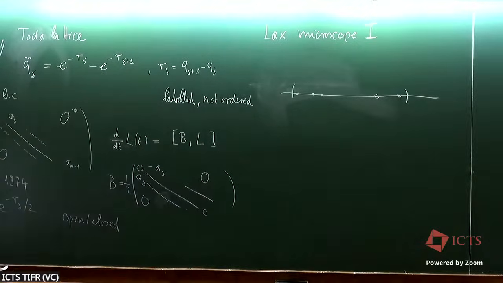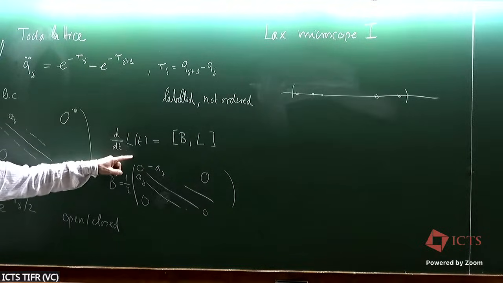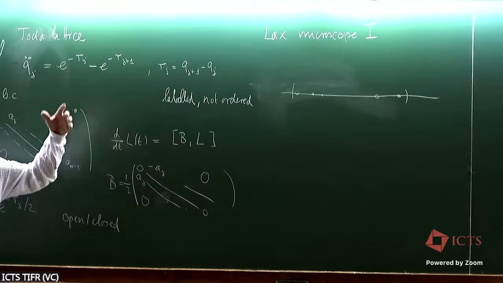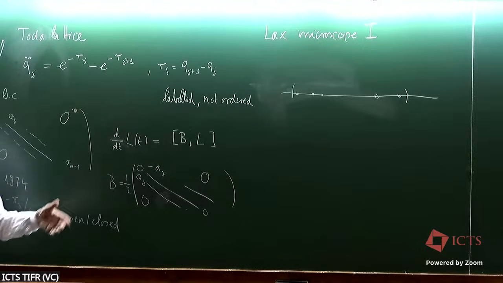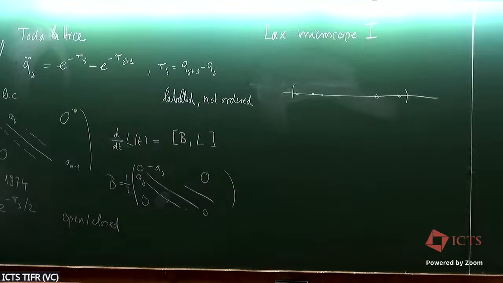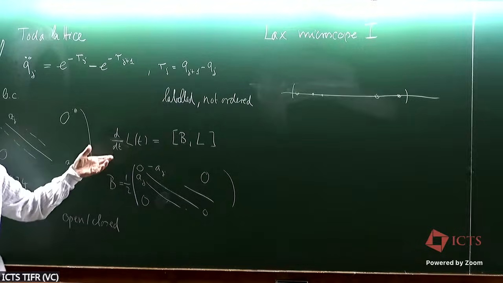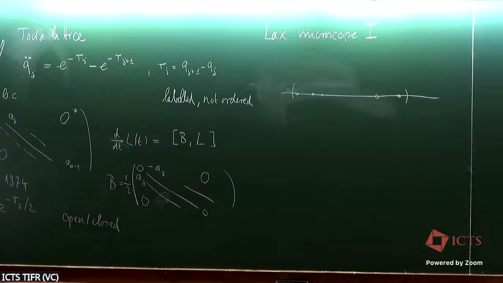I said L(t) is isospectral, right? So this L(t), of course, is also isospectral. Here now we have a discrete spectrum, just n eigenvalues. And isospectral just means that these n eigenvalues do not change. So just looking at the eigenvalues, I know already what the conserved quantities are.